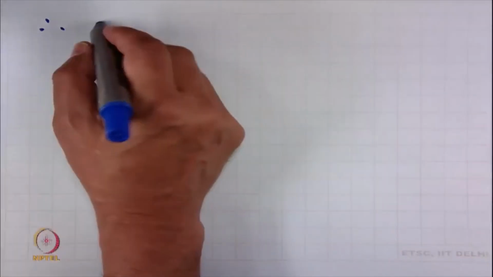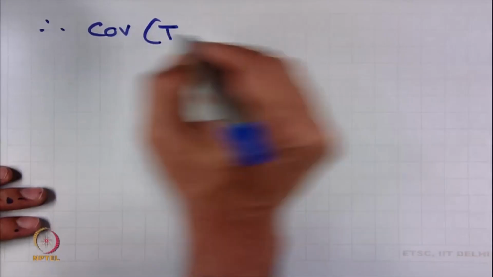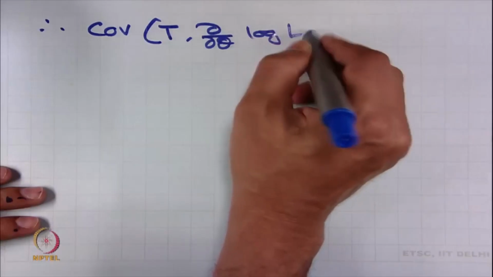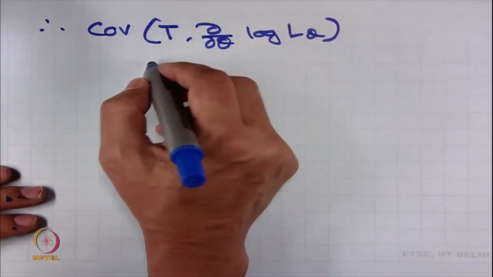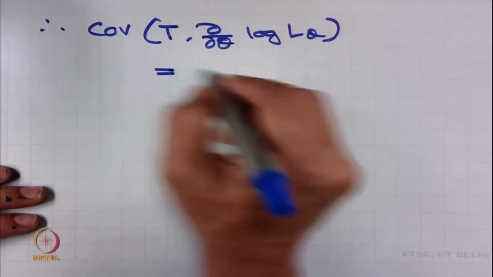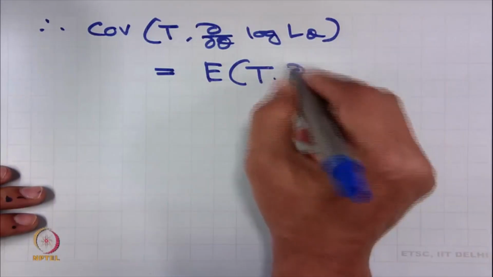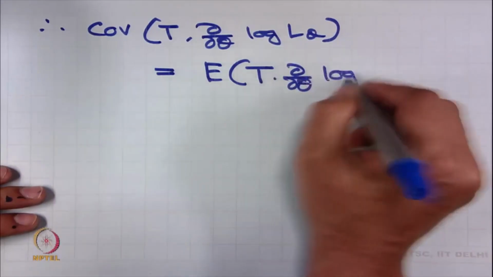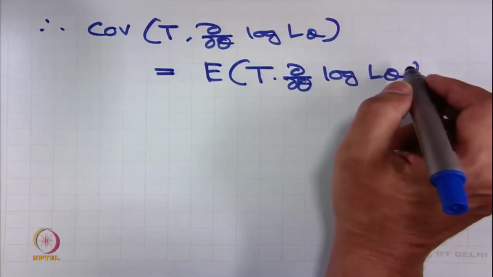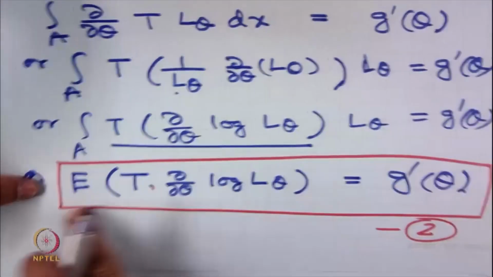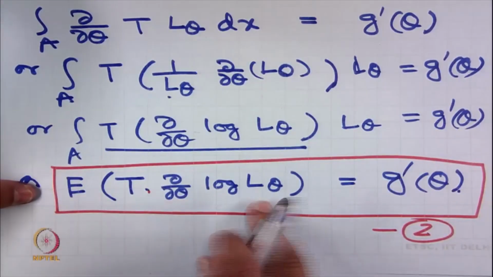Therefore, we are left with covariance between t and del theta log L theta is equal to expected value of t del theta log L theta, which we have found is equal to g prime theta.